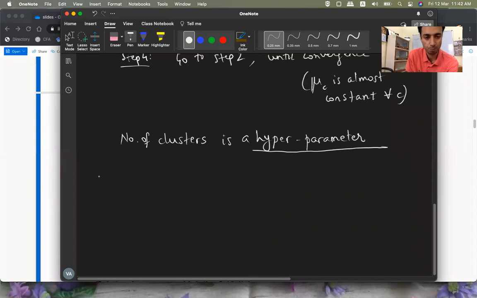For example, we are discussing here limitations of k-means.